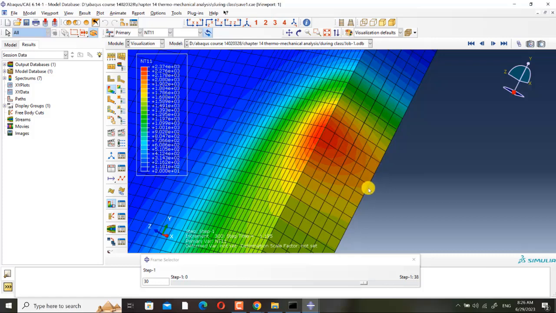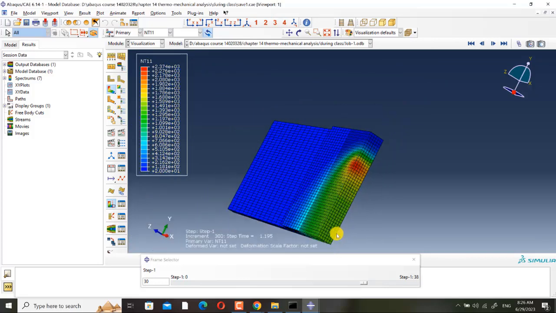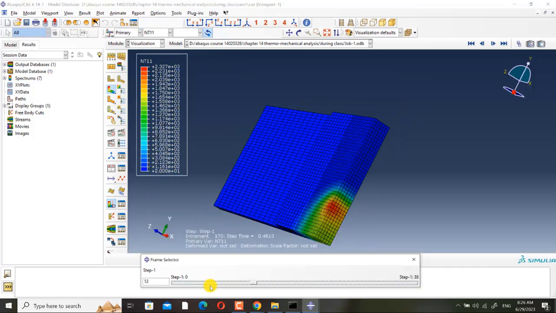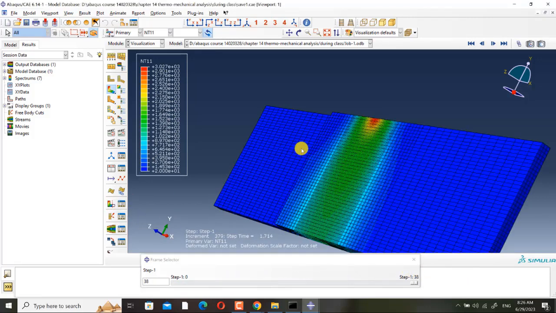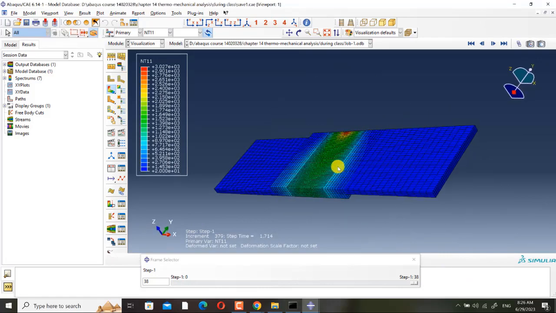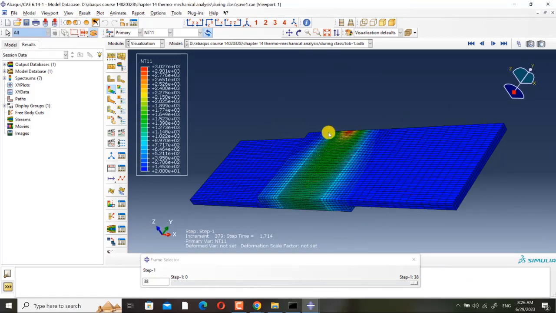It will be melted, and then we will have the welding. That's it. It is the temperature field.